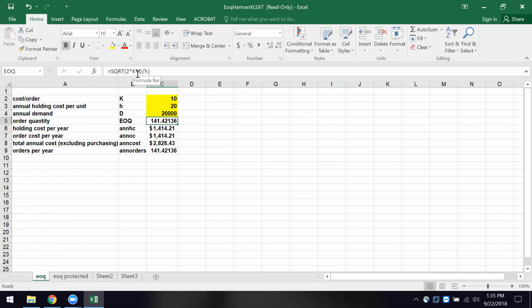And so what it says is we're going to do 141 orders per year, and each time we're going to order 141. I'm going to take these two figures basically squared, so this is going to equal, and I get the 20,000.